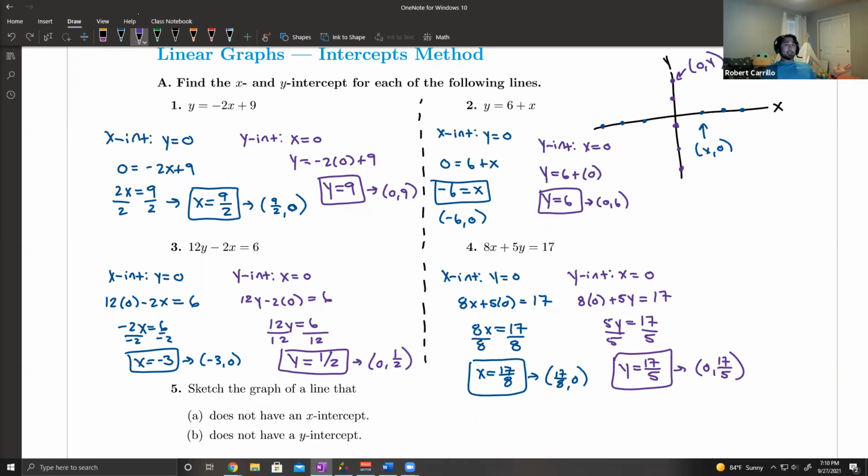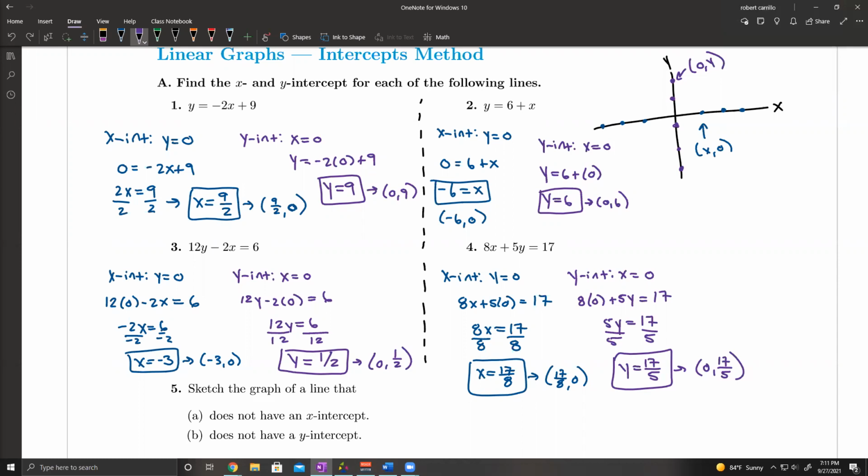All right, so that's how you find x and y intercepts. Any questions on those 4? If you have a number there instead of 0, would you do it the same way? Like where you did the last one, 8x plus 5y equal to 17.